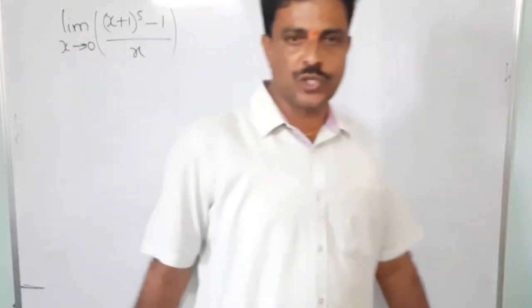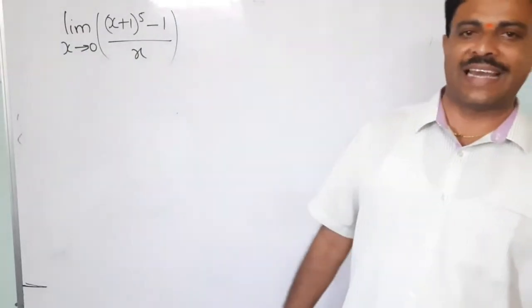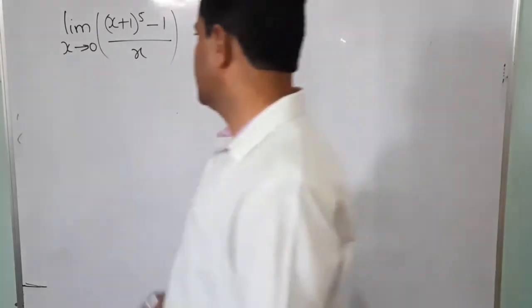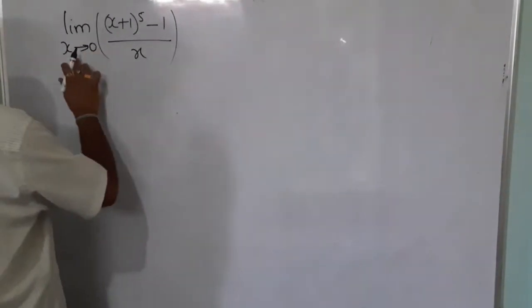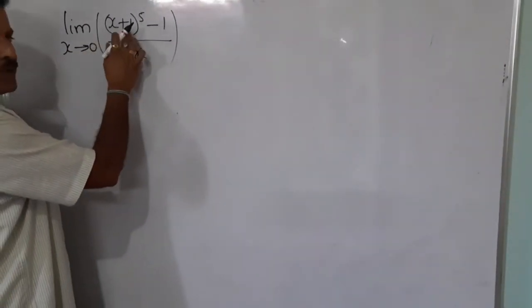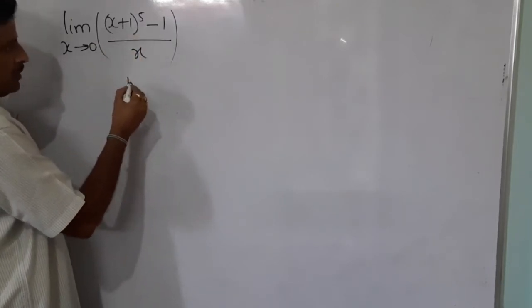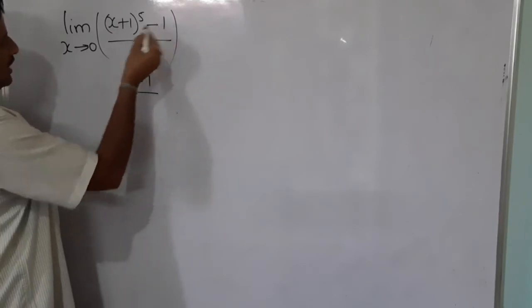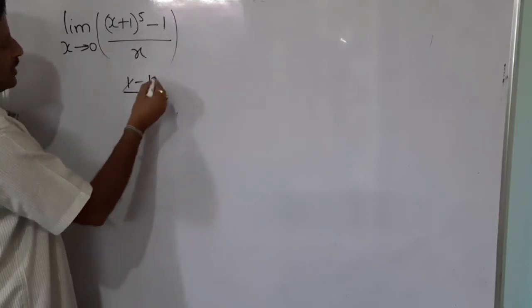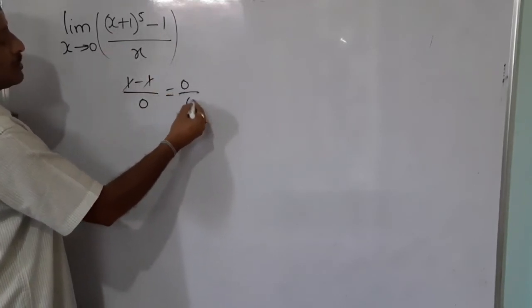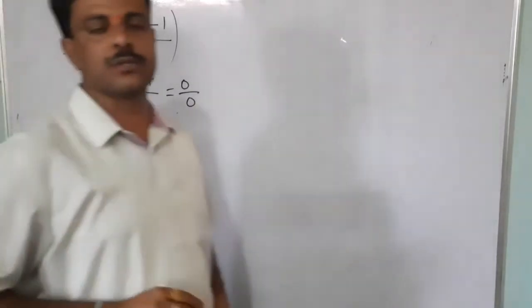Okay, so here also you apply the direct method. Put x is equal to 0: (0 plus 1) whole to the power of 5 minus 1, divided by 0, which is 0 by 0.